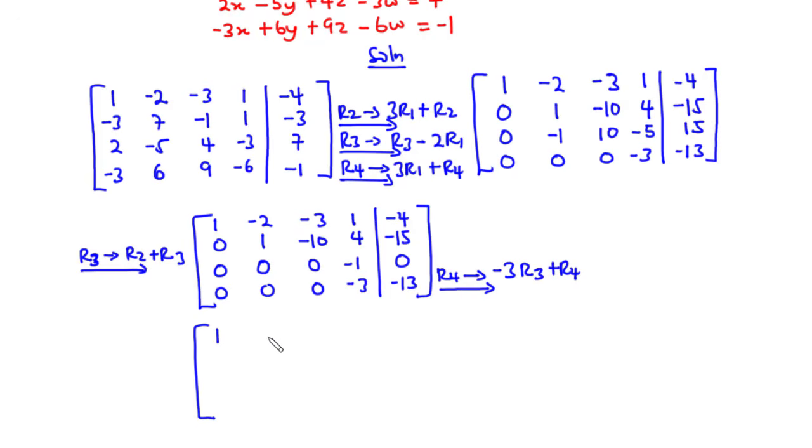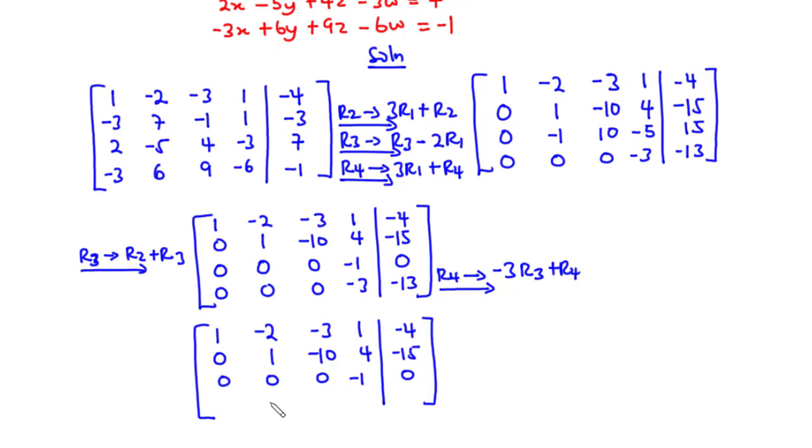So we still have 1, negative 2, negative 3, 1, negative 4, 0, 1, negative 10, 4, negative 15, 0, 0, 0, negative 1, 0. And then for row 4, negative 3 times 0 is 0, plus 0 is 0. So we have 0, 0, 0.